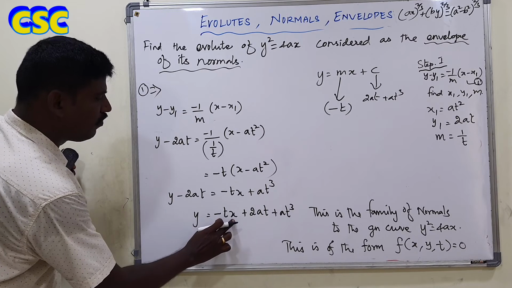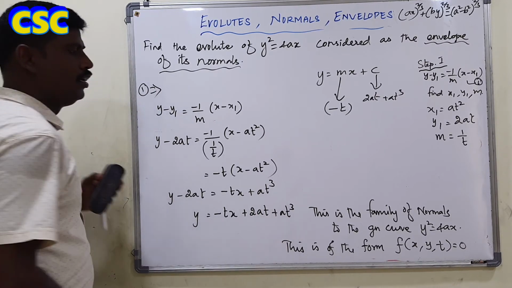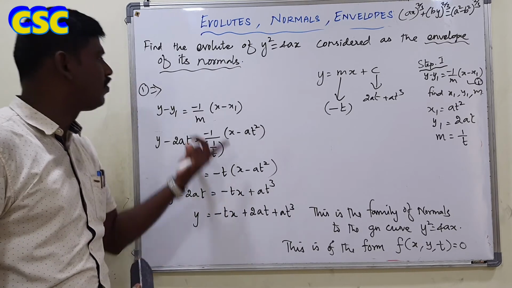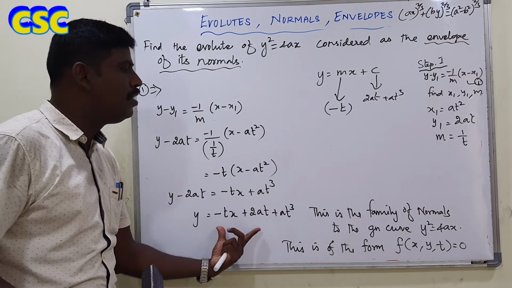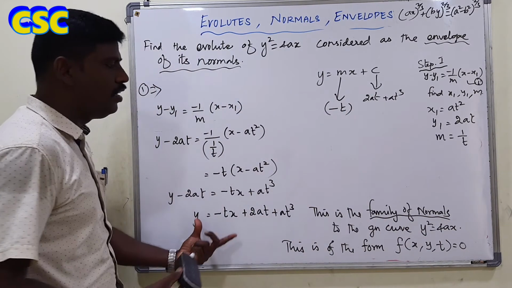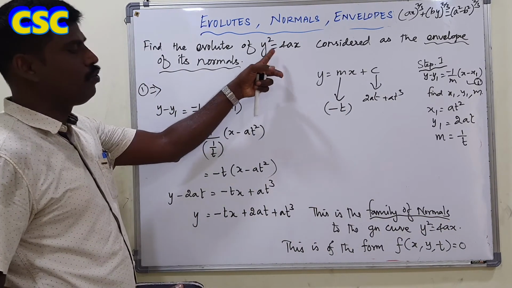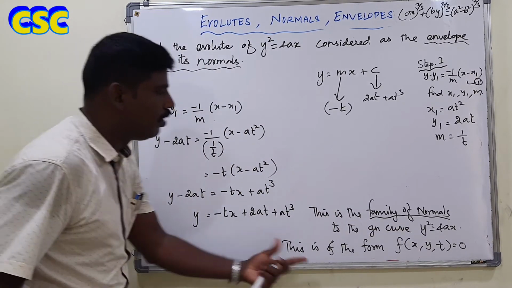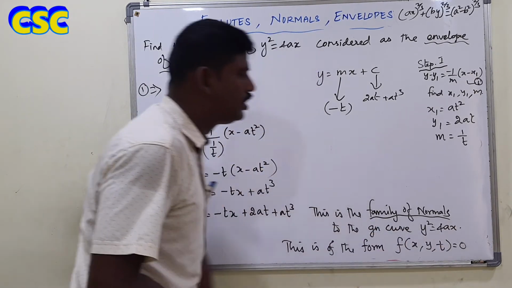F of x comma y comma t. So this is the equation of the normal. This curve is obtained from the normal, so this is called the family of normals. So this straight line is called the family of normals to the given curve y square is equal to 4x. At the same time, this is of the form f of x comma y comma t equal to 0.